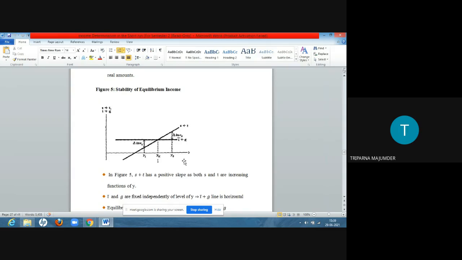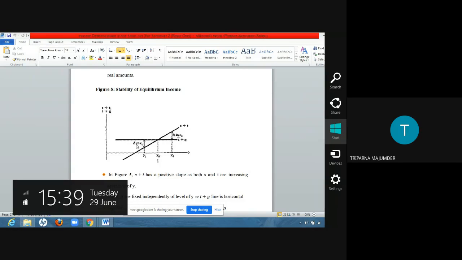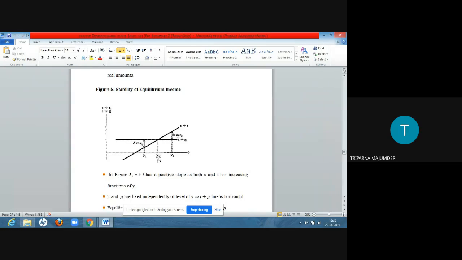Where do we get equilibrium? We get equilibrium here, where savings plus taxes is equal to I bar plus G, or investment plus government expenditure. We have seen this equality of savings plus taxes and investment in one of our previous discussions. So here we will get an equilibrium at this level, YE.